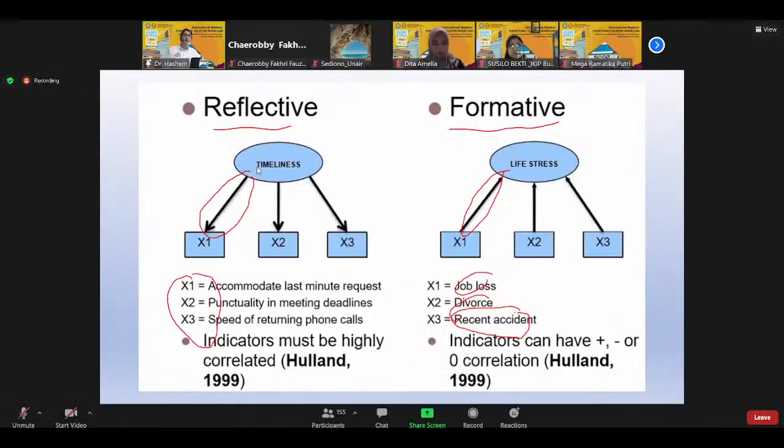However, in the formative, there is no correlation among the measurements. So this is a different type of structural equation modeling. One of them is done based on Amos, the other one is done based on partial least squares. This is beyond our workshop for today, right?